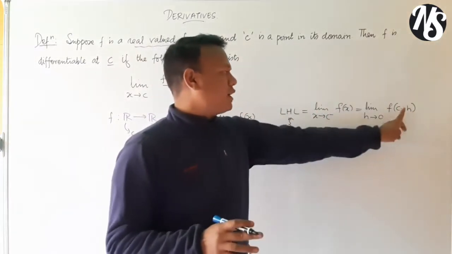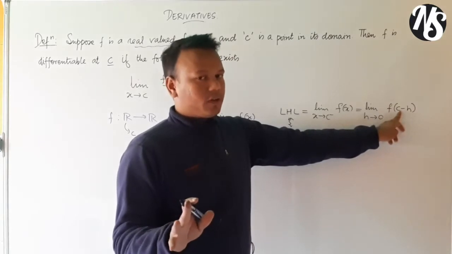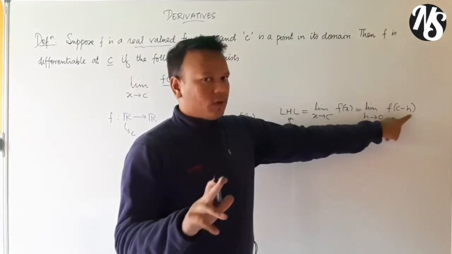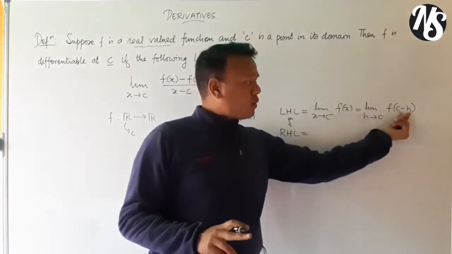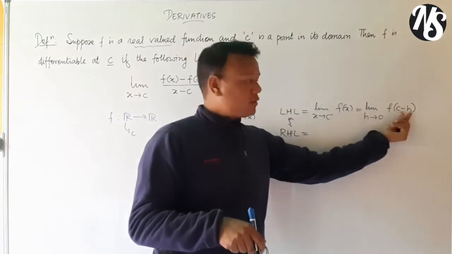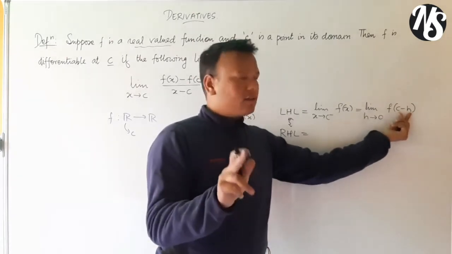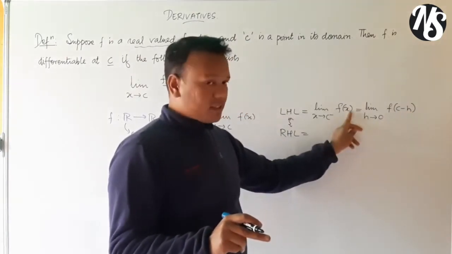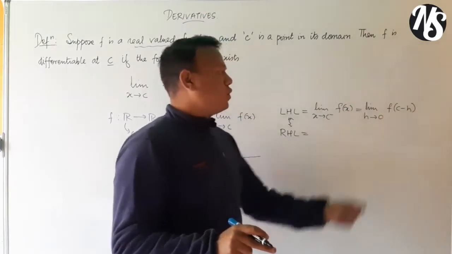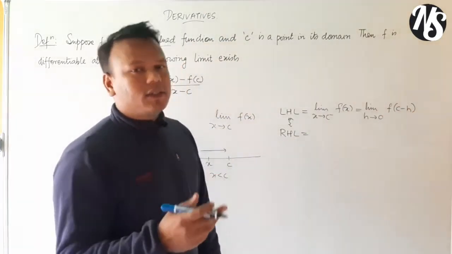For example, if I take c to be 2, then 2 minus 0.1 is 1.9, and this 1.9 is less than 2. So this term is also less than c, and basically these two represent the same thing.